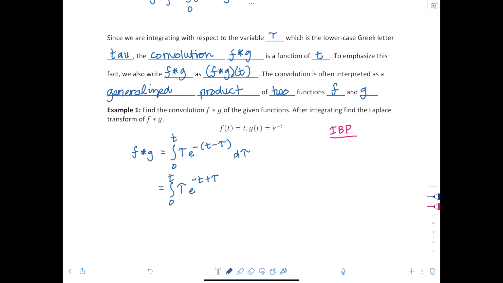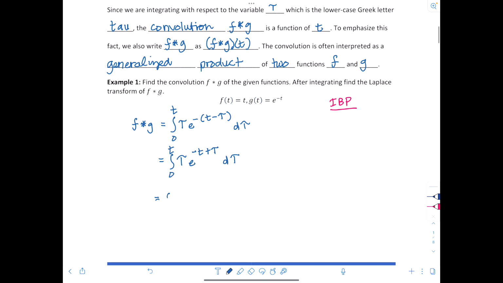If I bring that minus sign in, and then I still have my d tau, but I can also rewrite this as tau times e to the tau, and then can't I factor out the e to the negative t, because I'm integrating with respect to tau. So that's going to make it easier to do the integration by parts.